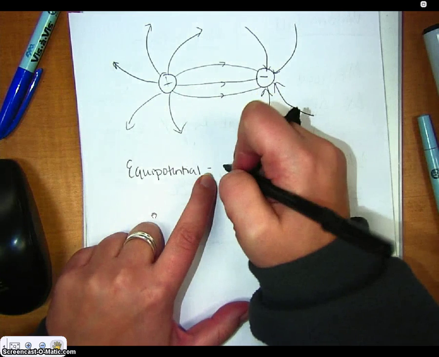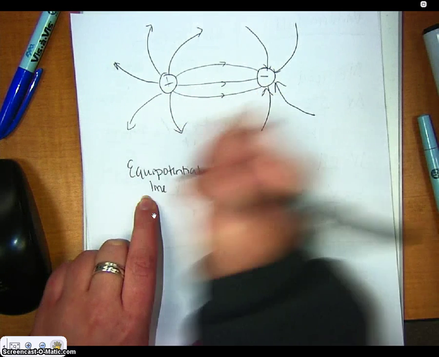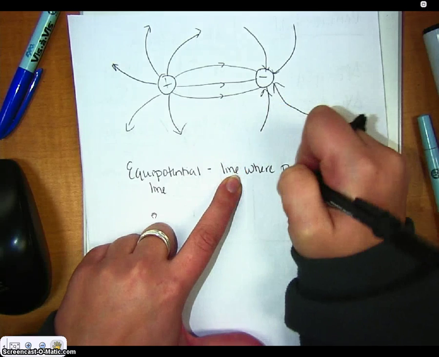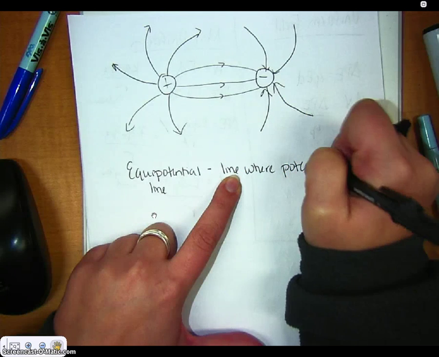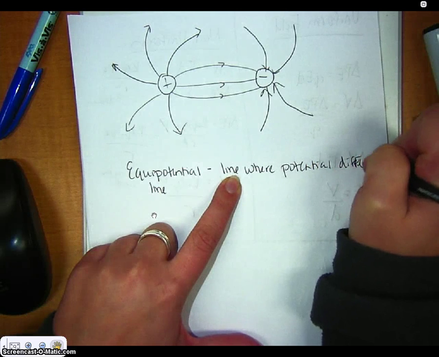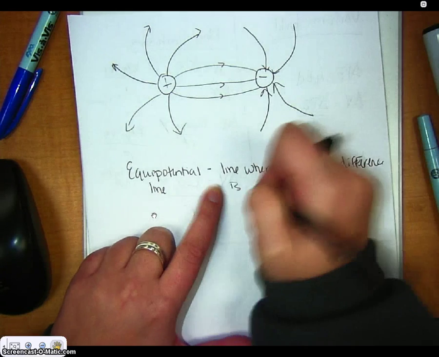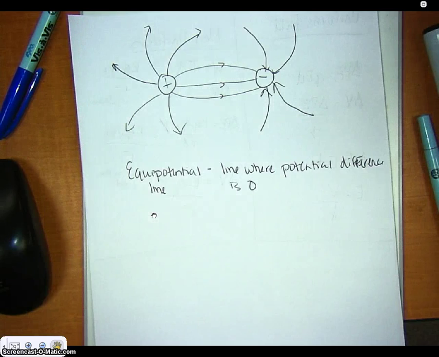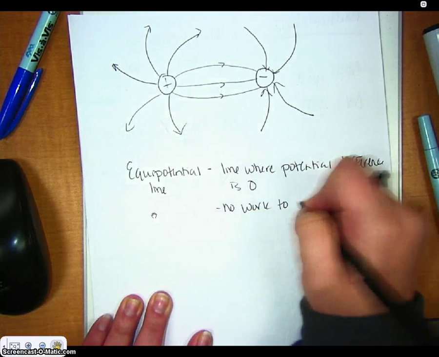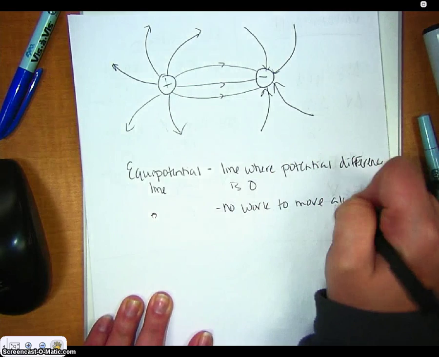An equipotential line is a line where the potential difference is zero. It requires no work to move along this line.